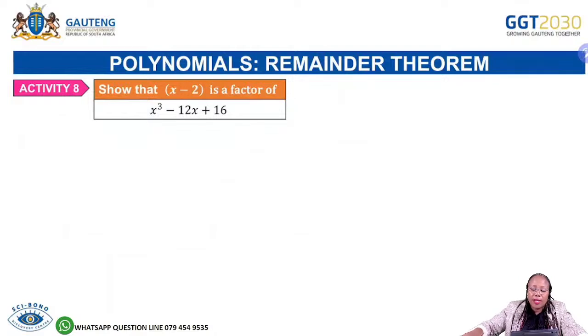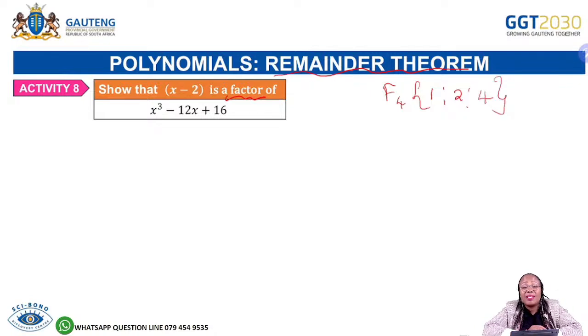Okay, and then now we are still on remainder theorem, grade 12. Show that x minus 2 is a factor. We want to relate now a remainder and a factor. Do you still remember what a factor is, grade 12? When we talk about a factor, for example, let's say we are looking at factors of 4. Factors of 4 are 1, 2, and 4 itself.